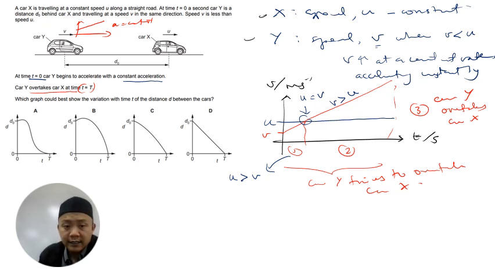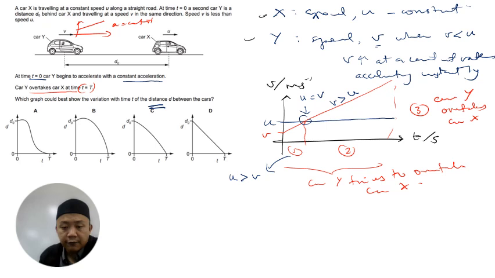So to answer the question, which graph could best show the variation with time t of the distance between the cars? We need to find out the distance traveled by both cars during these two phases. If we have a velocity-time graph, then in order to get a distance-time graph, we need to take the area under the graph.